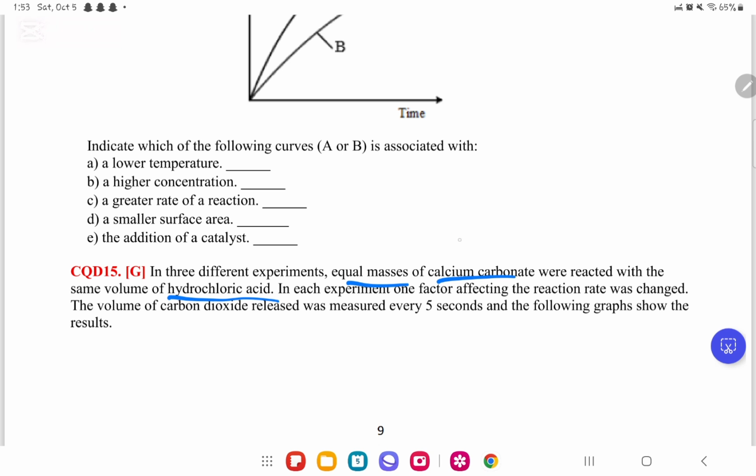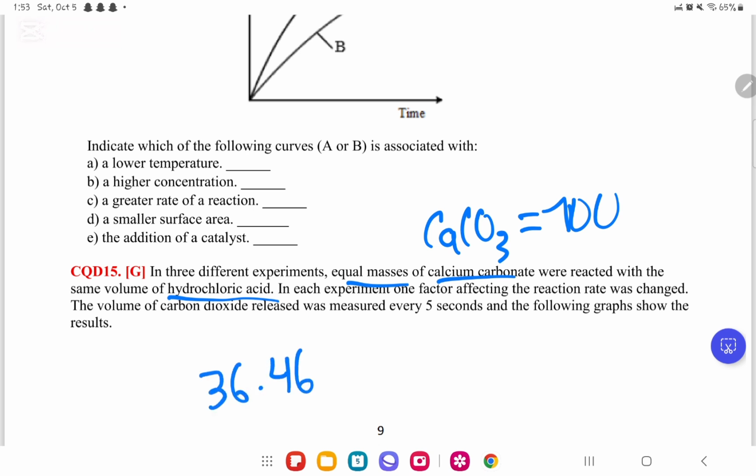So let's find the molar mass of CaCO3. It is almost 100, and for HCl it is 36.46 grams per mole. So if they're saying equal masses, then definitely hydrochloric acid in this case would be the limiting reactant.